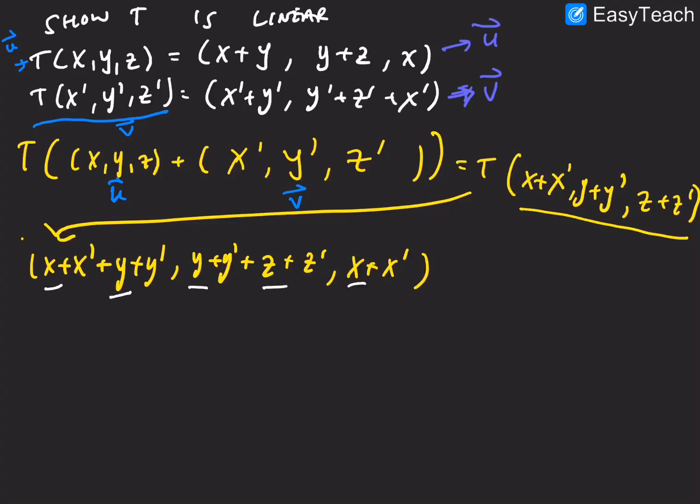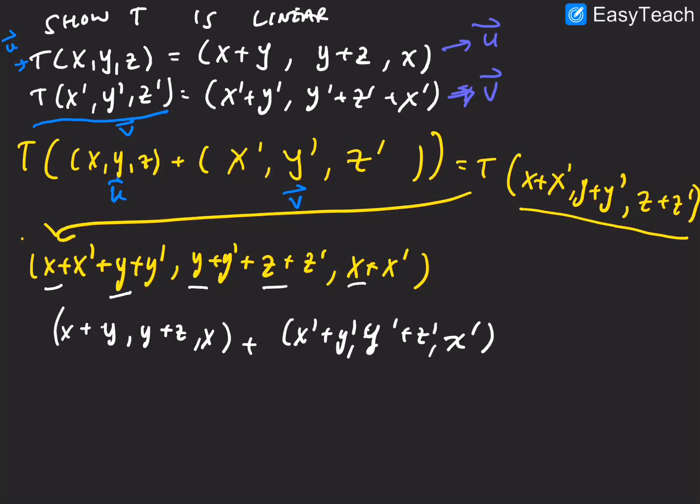If I were to just pull those apart, I would essentially have x plus y, y plus z, and x plus x prime plus y prime, y prime plus z prime, x prime.